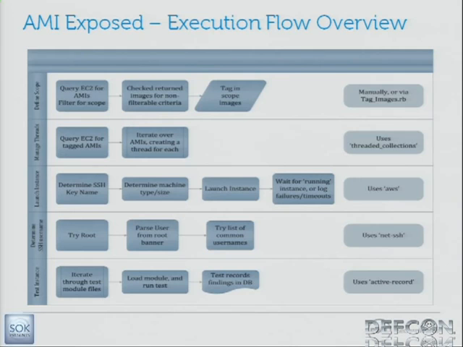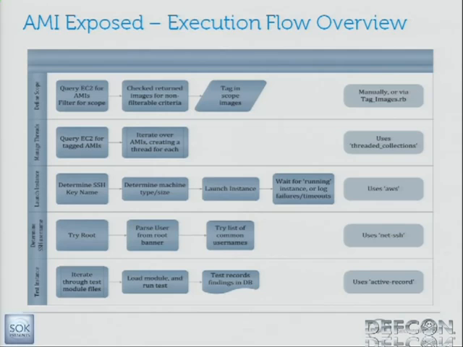So here's the flow of how it executes. Up at the top, we've got our scope definition phase. You can either do this manually by going into the AWS console and putting tags on images that you're interested in, or there's a tool included called tagimages.rb that allows you to define larger scopes more easily. You can't go and click through thousands of images.